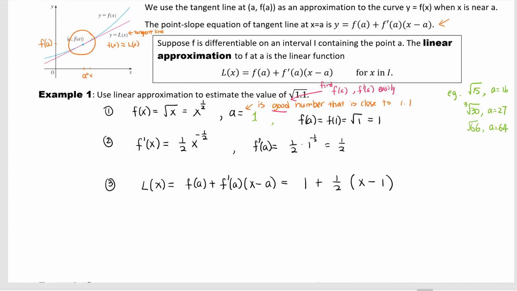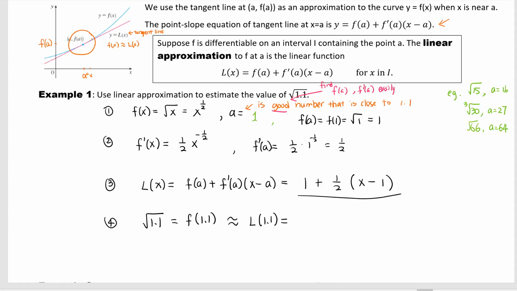So the next step, square root of 1.1. This is like f of 1.1. Okay, so because f is square root of x, you're putting in x equals 1.1. So that's approximately equal to L of 1.1. What is that?